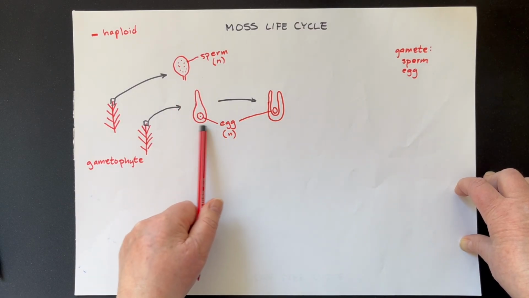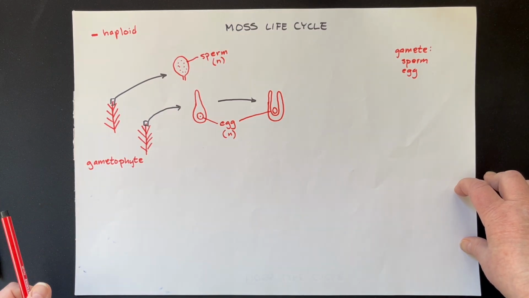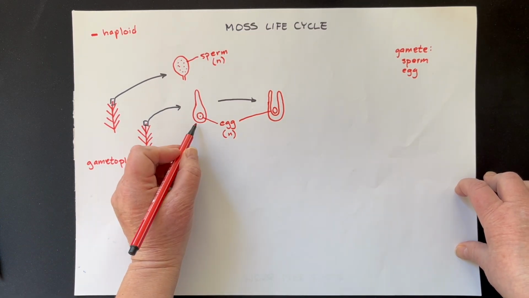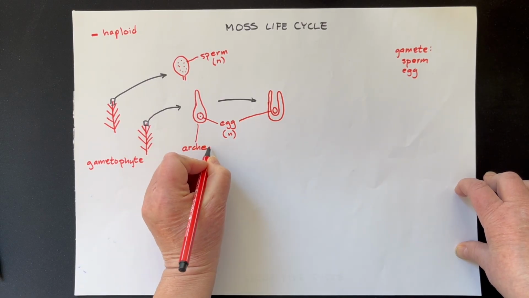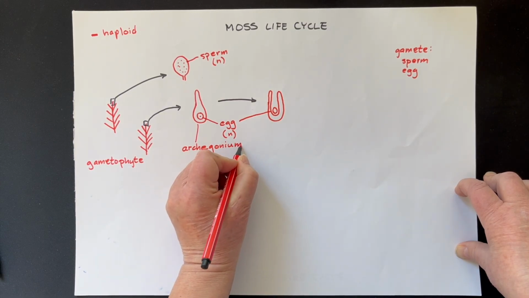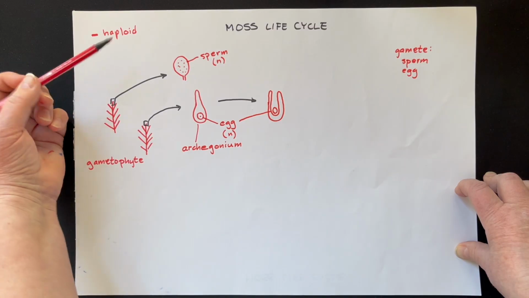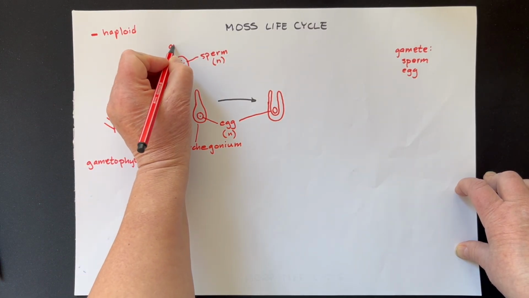This structure with the egg, open and closed, the flask-shaped structure, is called an archegonium. And this round structure, including the sperm, is called an antheridium.